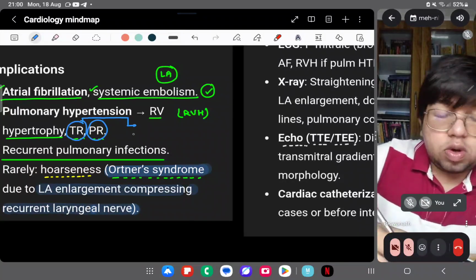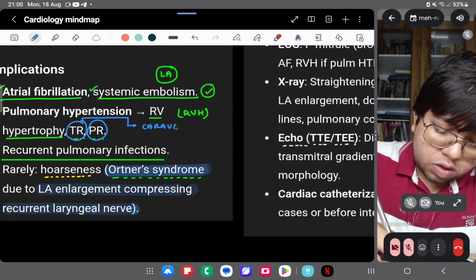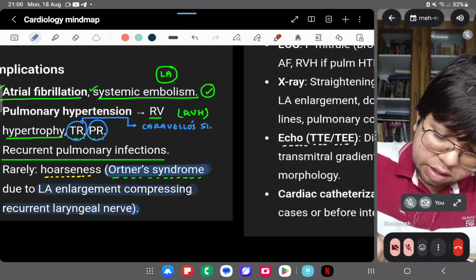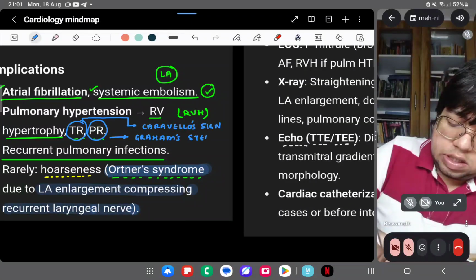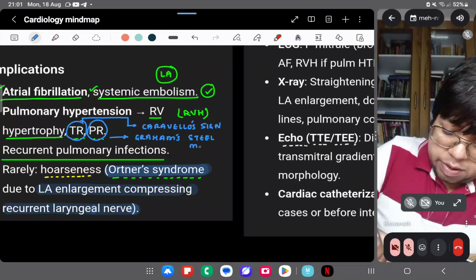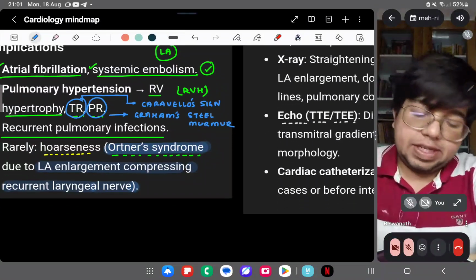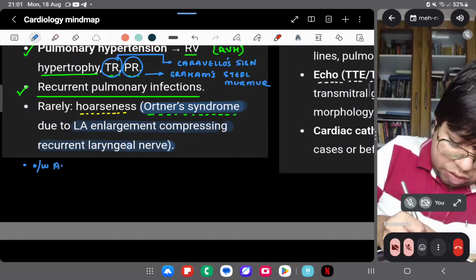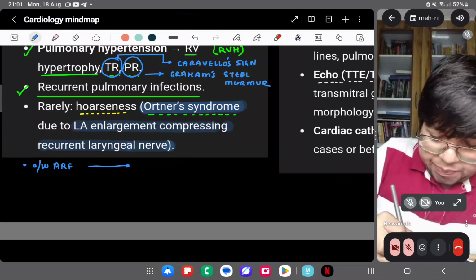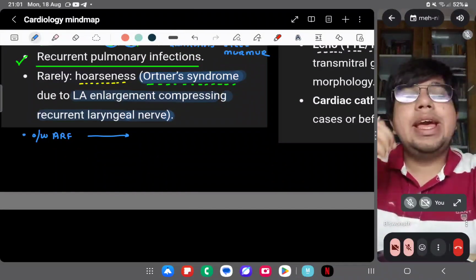So TR is Carvallo's sign, and PR is the Graham Steell murmur. And if it is associated with acute rheumatic fever, ARF, you will hear a type of mid-diastolic murmur which is named the Carey Coombs murmur.